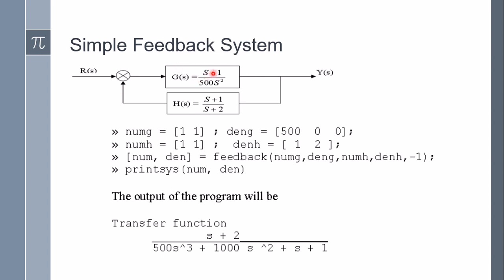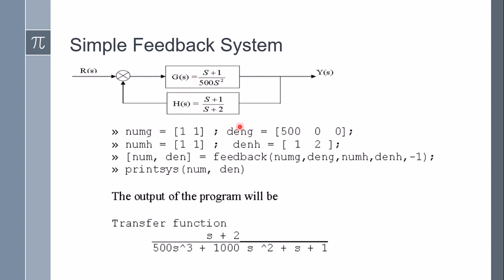Similarly, as in the previous case, the system representation is going to be in the same way as we did in the previous system. The numerator polynomial and the denominator polynomial will be defined for both G(s) and H(s).